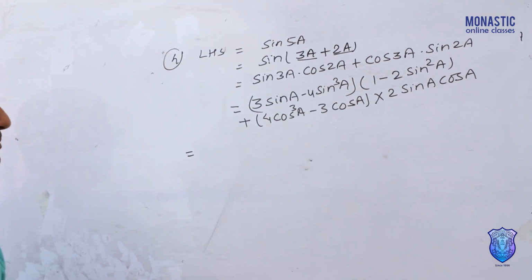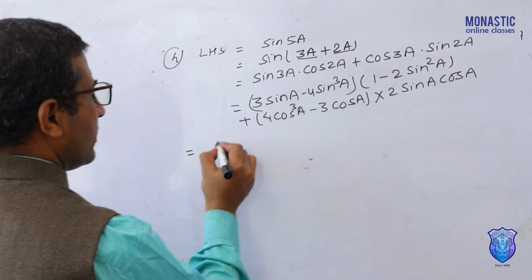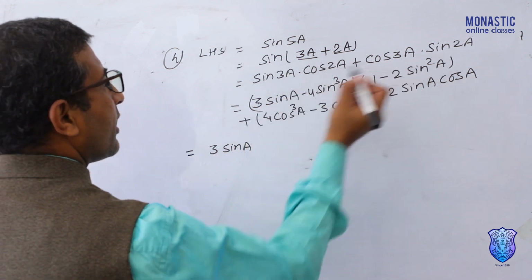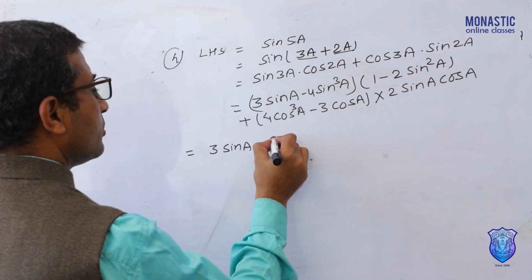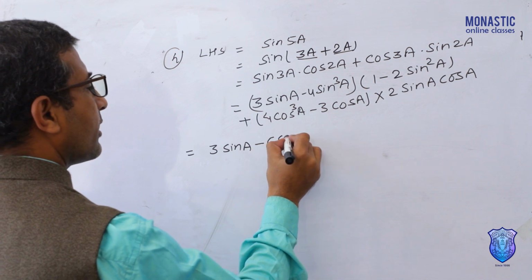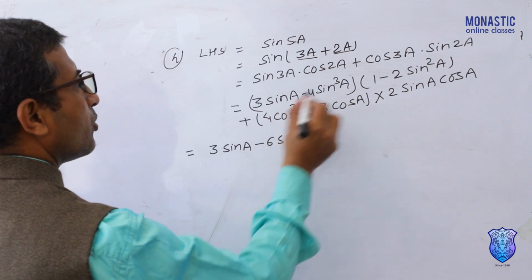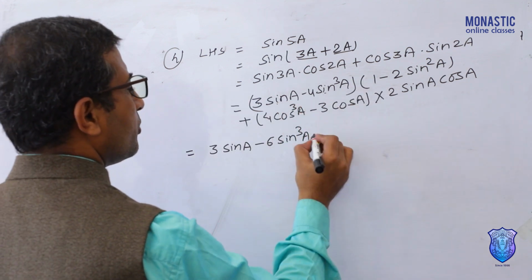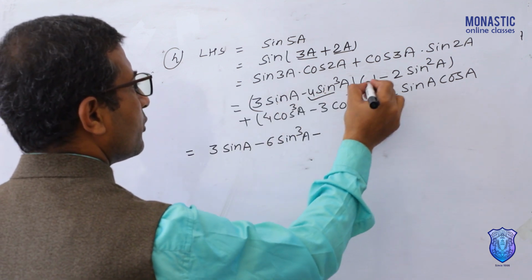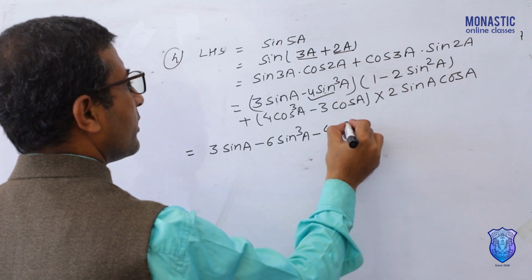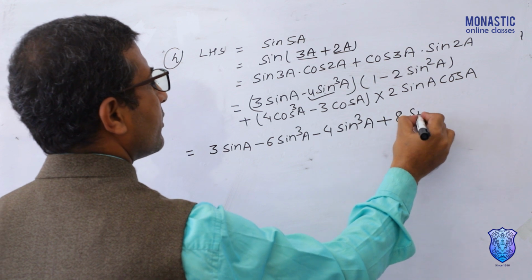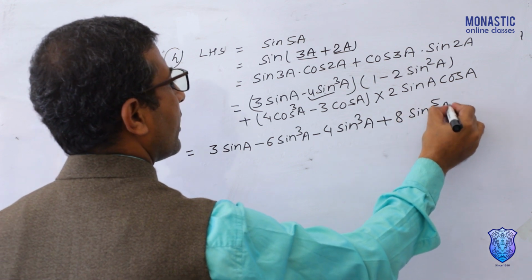Let's multiply 3 sine a. 3 sine a minus 2, that is 3 twos are 6 sine cube a. We have multiplied both with 3 sine a. Now with 1 first, minus 4 sine cube a into 1 minus 4 sine cube a. 4 twos are 8 sine to the power 5a.